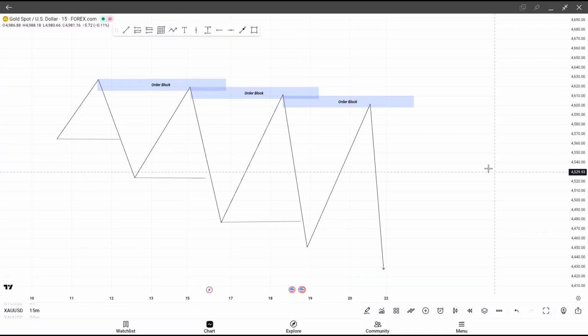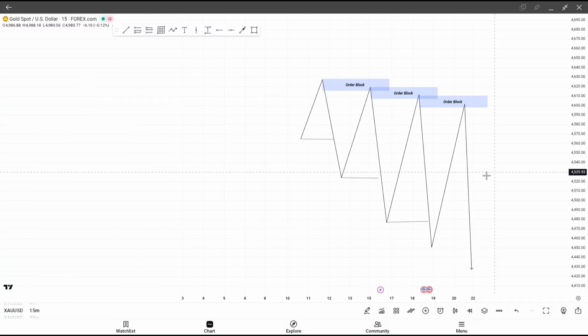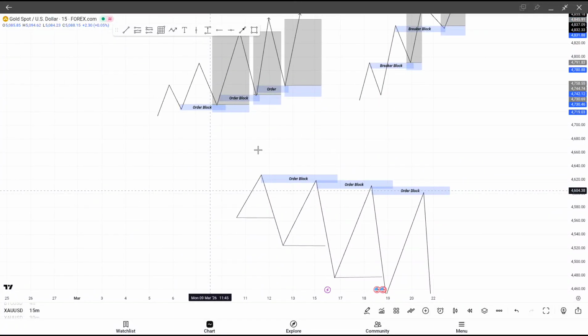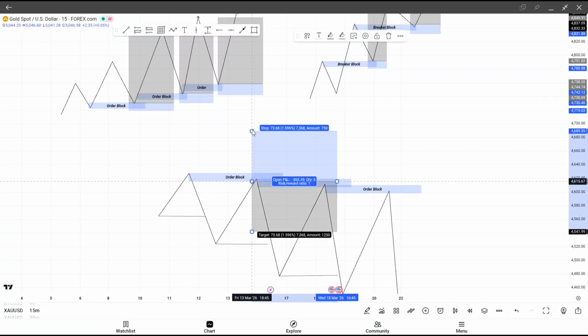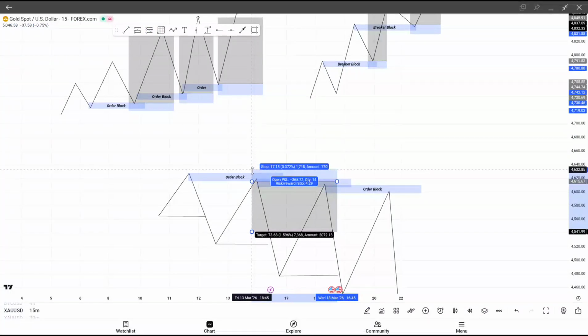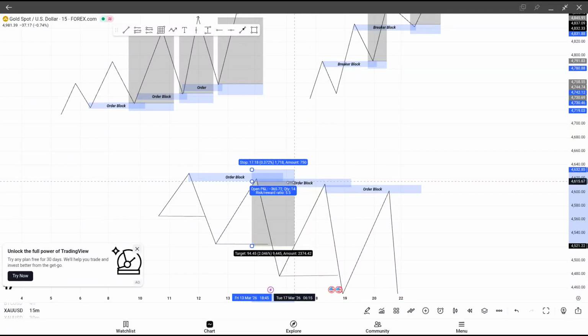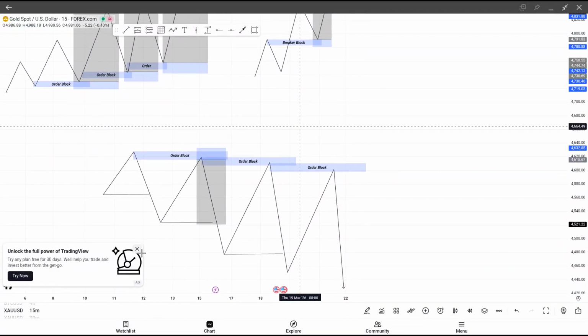So the order block in a bearish market will definitely make the market sell, but the order block in a bullish market will definitely make the market buy. Do you understand? As this one is a sell scenario, this is where we place our sell limit. Simple as that.